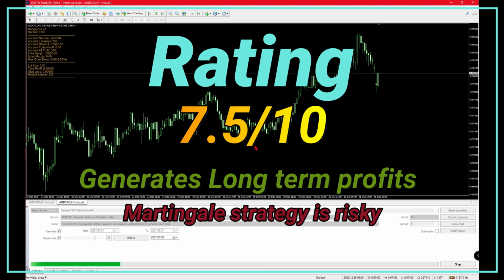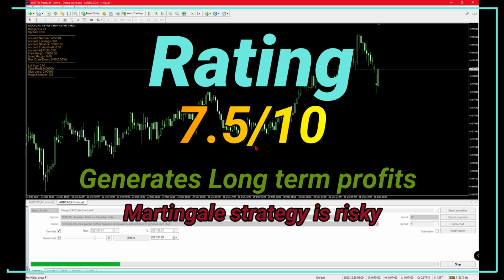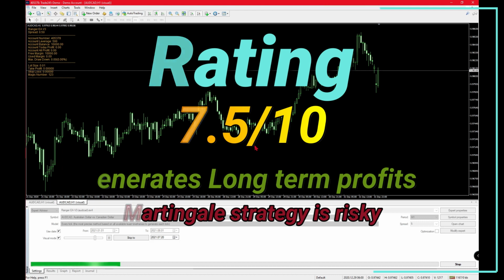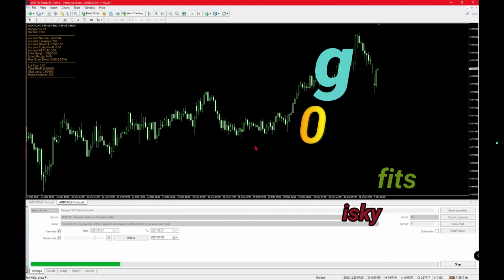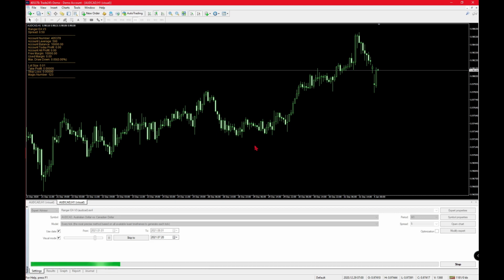The drawdown was only around $160, meaning that if you have $250, you will be able to run this robot, but you'd still need to watch it because this is a Martingale robot, and that is why it only gets a 7.5 out of 10.